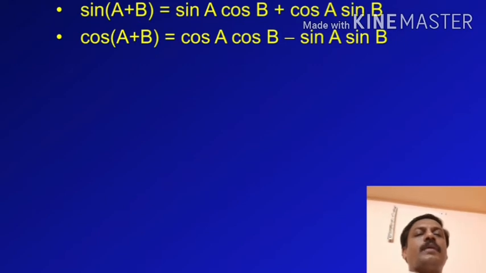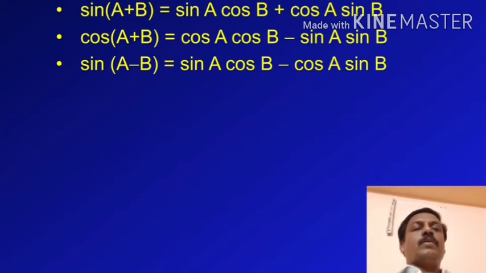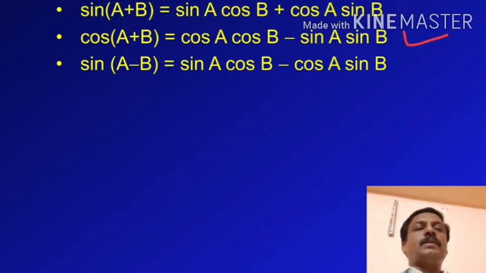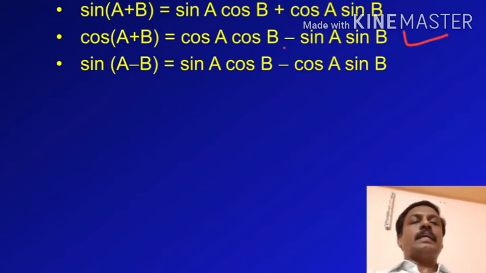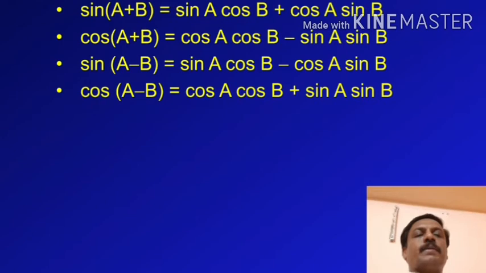Now sine of a minus b is equal to sine a cos b minus cos a sine b. Similarly, cos of a plus b we have already written here, right? Cos of a plus b is cos a cos b minus sine a sine b. So if you take cos of a minus b, then here the sign changes. See here. So cos of a minus b is equal to cos a cos b plus sine a sine b.